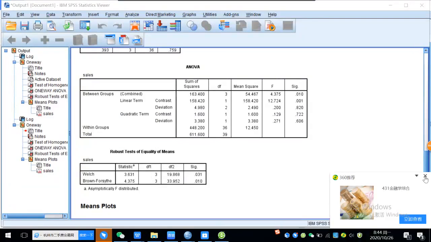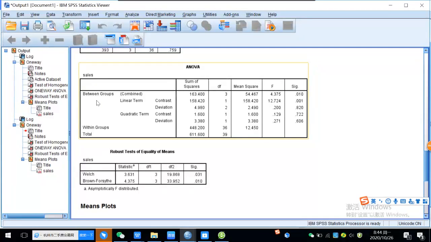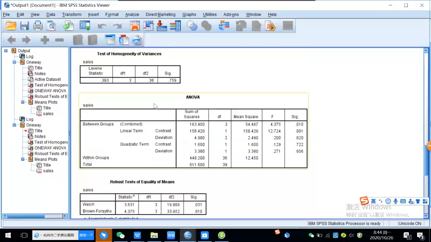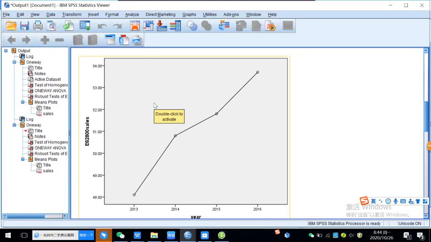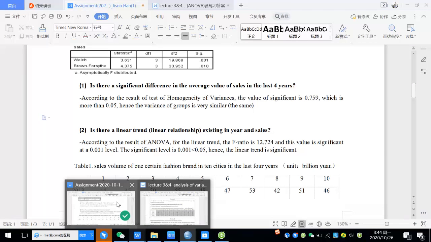Okay, so that means it's very significant. The year and the sales volume, look here, it shows the linear trend is very significant.